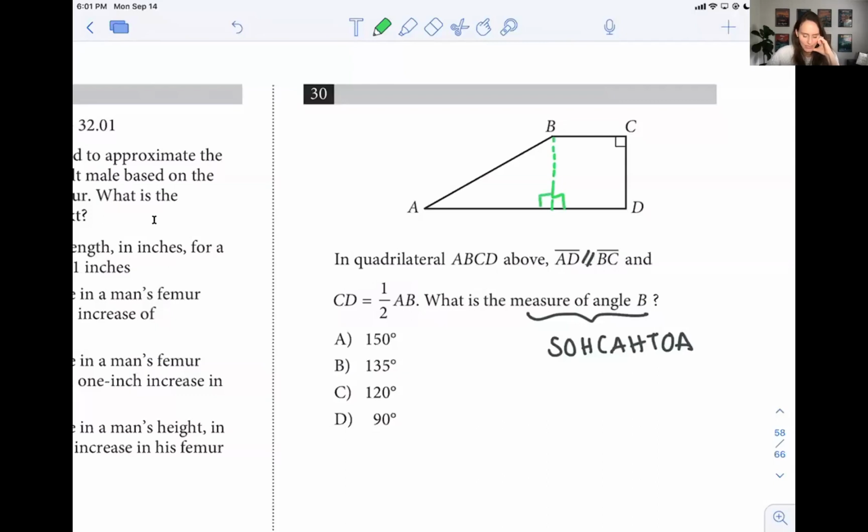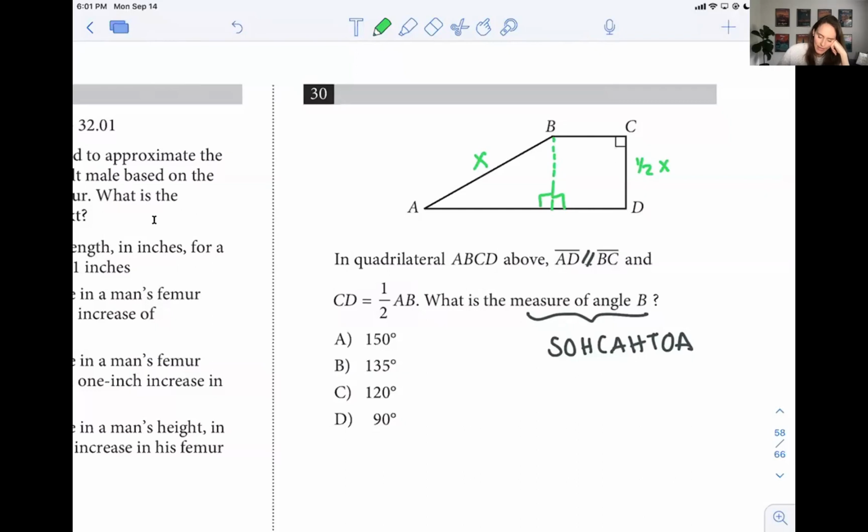And they tell me that CD equals a half AB. So I'm going to call AB x and I'm going to call CD 1/2 x, because CD equals a half AB.